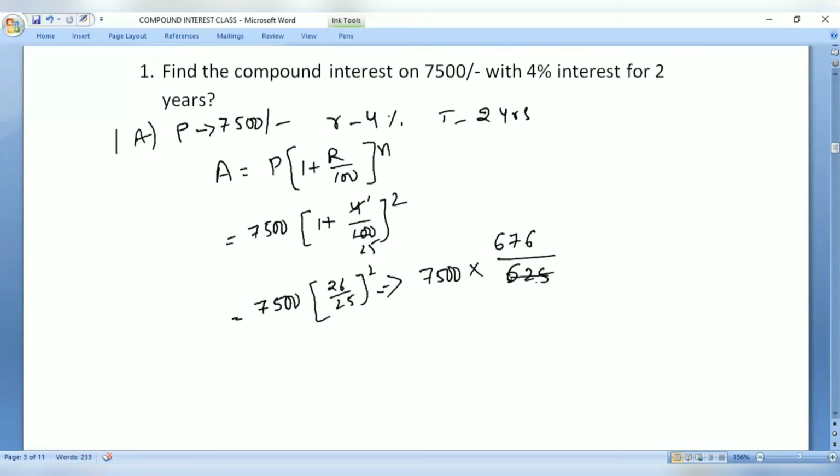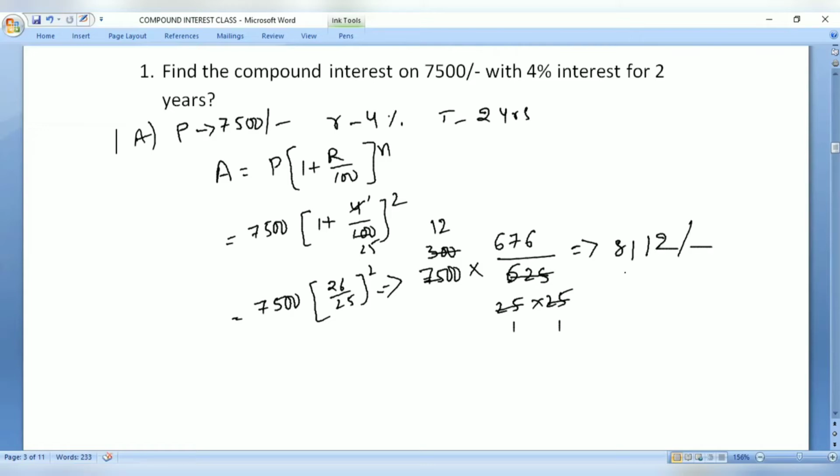Or you can simply mention it as 25 into 25 for our simple calculation, because 25 ones are 25, 25 threes are 75. So this is 300. Then 676 multiplied with 12. 12 sixes are 72, 12 sevens are 84 plus 7, it is 91. Then 12 sixes are 72 plus the carry added.